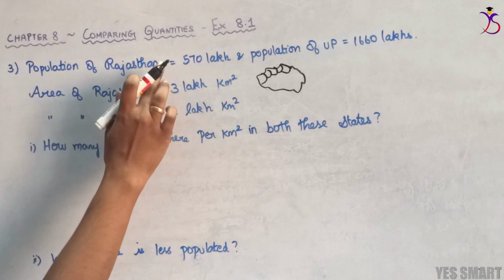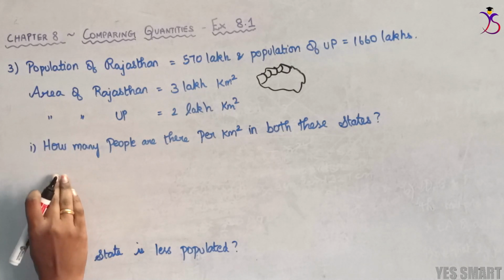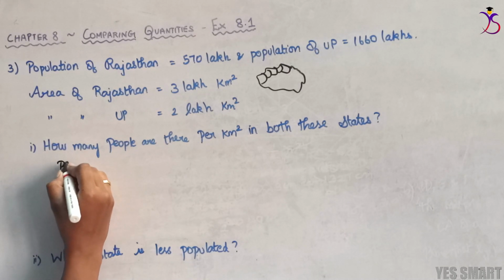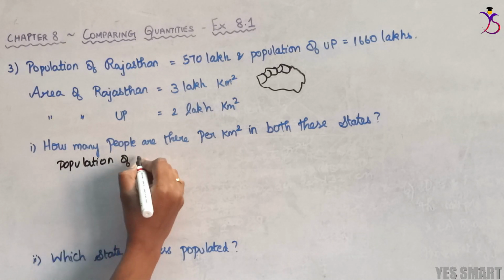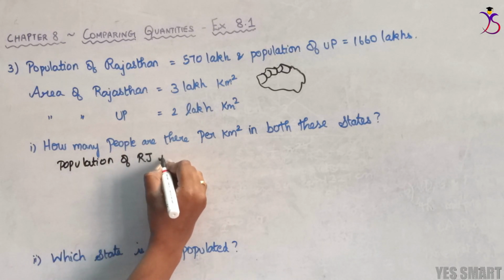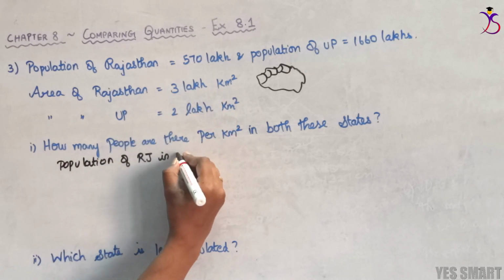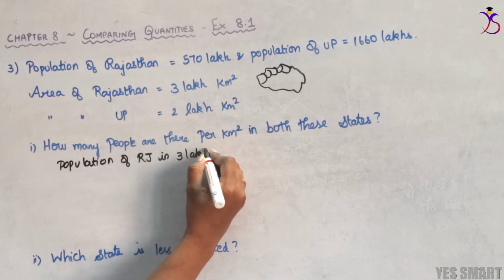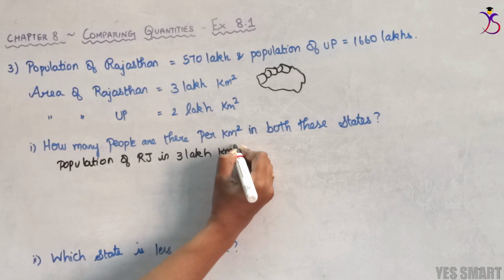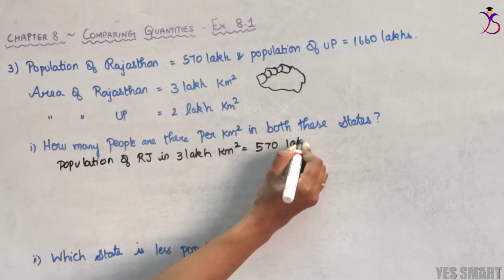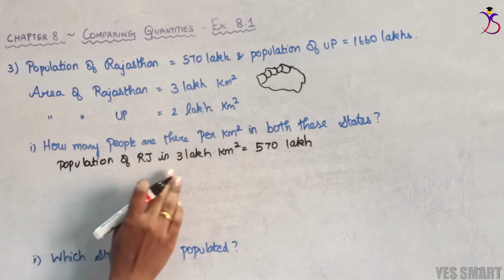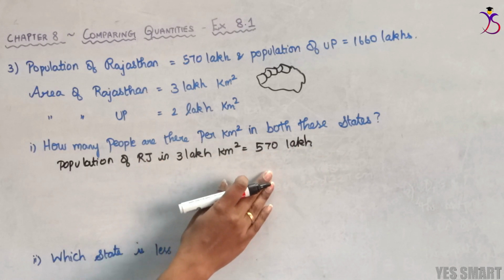Population of Rajasthan in 3 lakh kilometer square is 570 lakh, because in 3 lakh kilometer square, 570 lakh people are living.